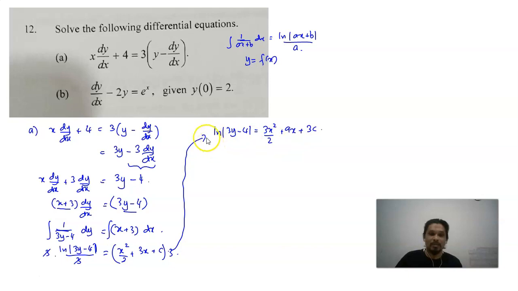Then take the constant e on left and right to eliminate the ln. So 3y minus 4 equals e to the power of 3x squared divided by 2 times e to the power of 9x times e to the power of 3c.